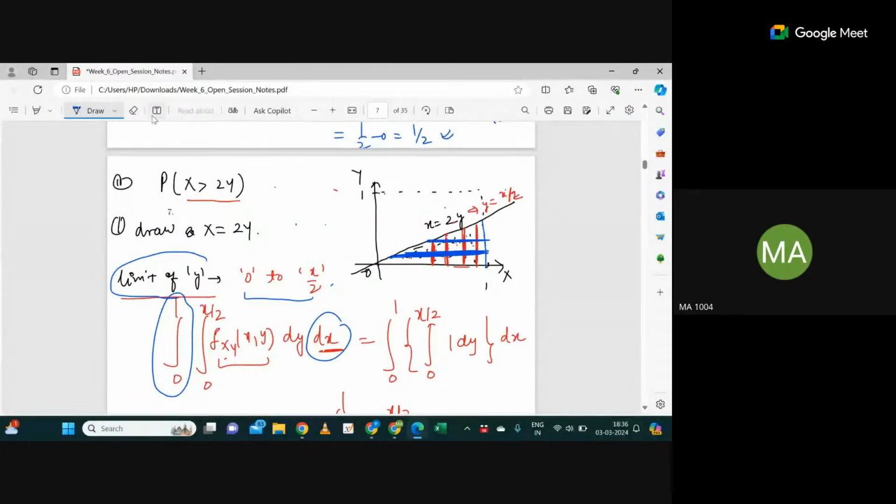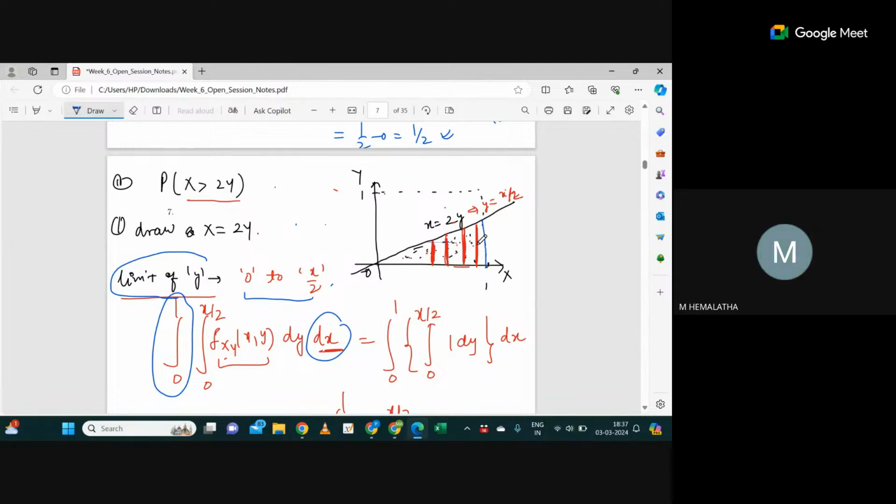Okay, so if I want to find the limit for y, the y-axis, then what you have to do? Just draw a parallel line to the y-axis. If you draw a parallel line to the y-axis, just see where that line is going, from where to where. If you see the red line, it is going from where to where?